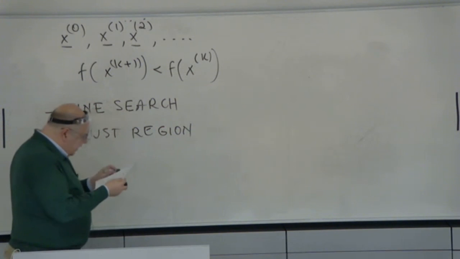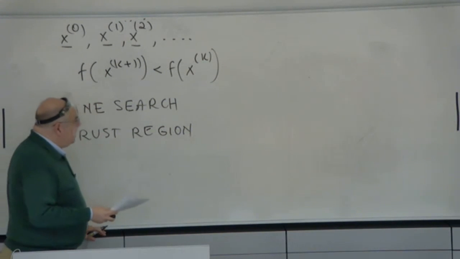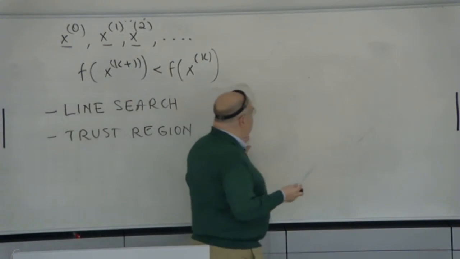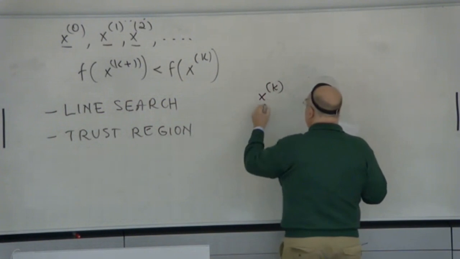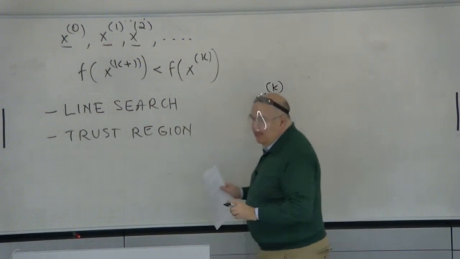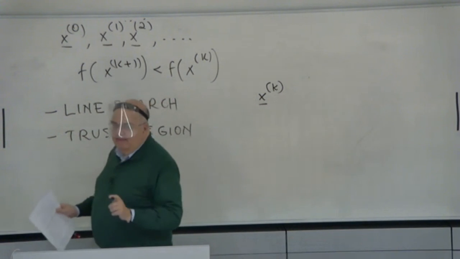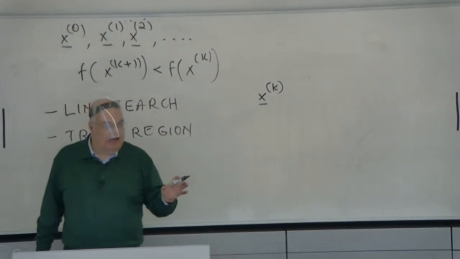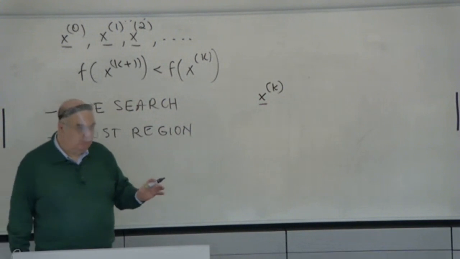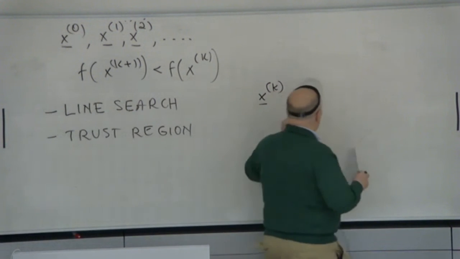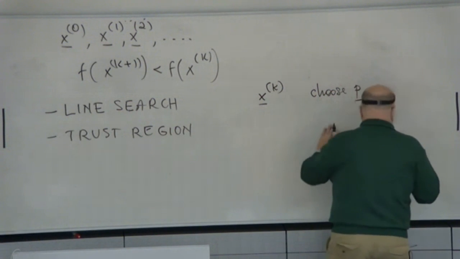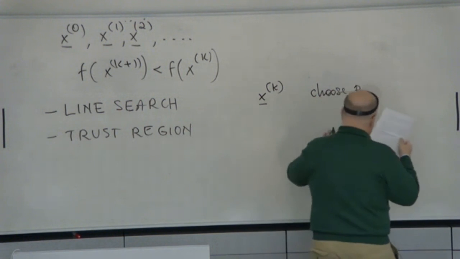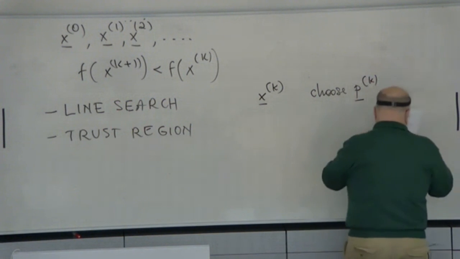Okay? So what is line search? Well, line search says you are at the point xk, and then you choose a direction where to move. I use the direction pk.